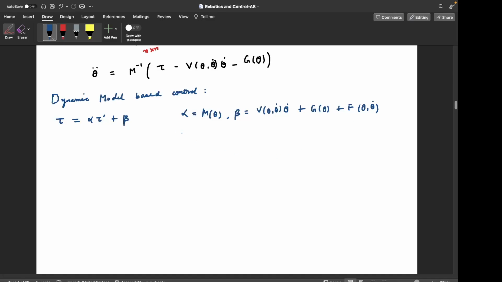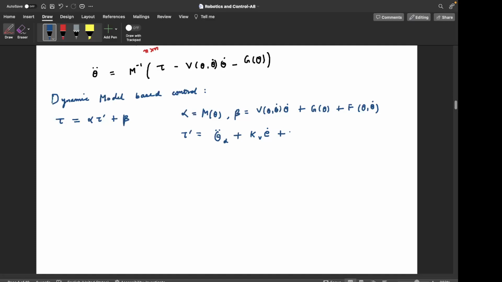And tau dash is basically your desired accelerations plus a PD law, basically, which again you have seen in earlier control laws also.